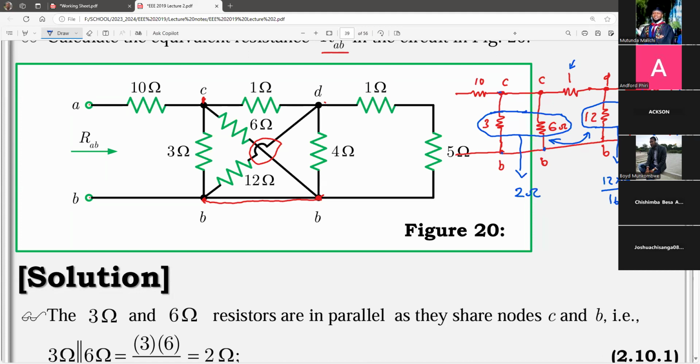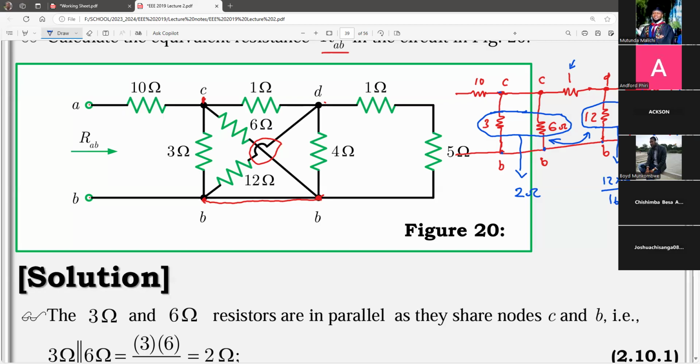Yes, they are both connected to B at the bottom terminals, but 6 is connected to C and the other terminal of 12 is connected to D. So there's no way 6 and 12 can be in parallel.